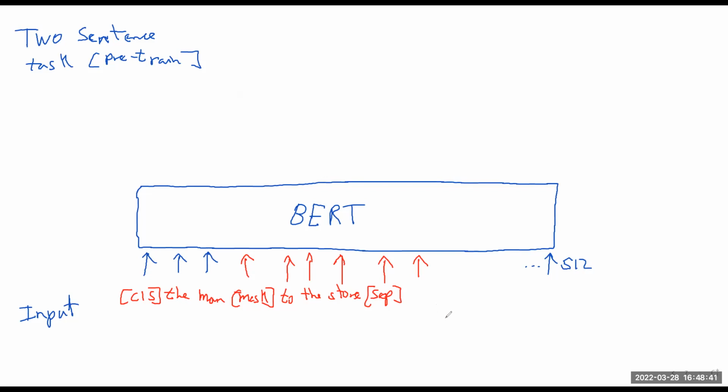So for instance, in this example, penguins mask are, and then again, just to wrap it up, you would put another separator to indicate that's the end of that sentence.